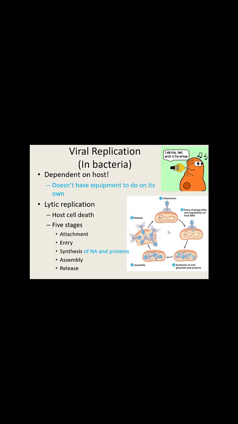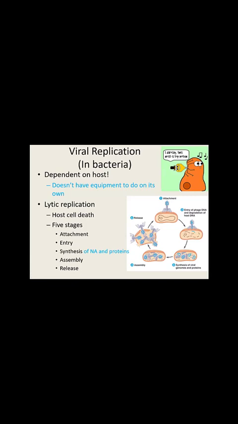Now, most viruses that infect bacteria go through what's known as lytic replication. And anything that has lytic or lysis in its name means to break apart the cell. The ultimate end when those viruses get released is it will completely break apart that infected bacteria. It will destroy the cell that's infected.